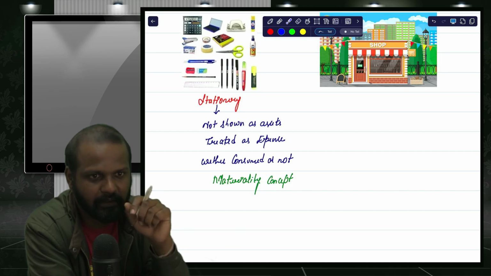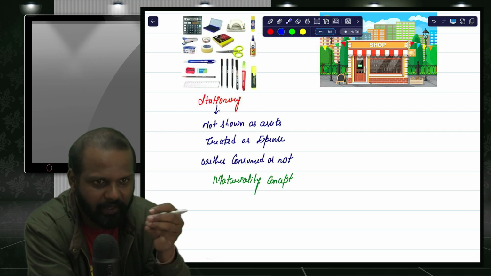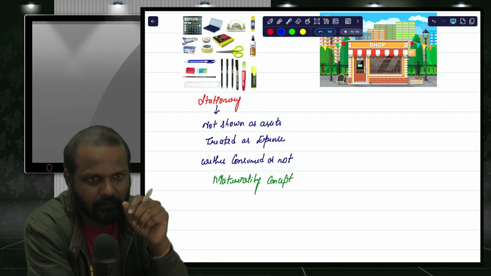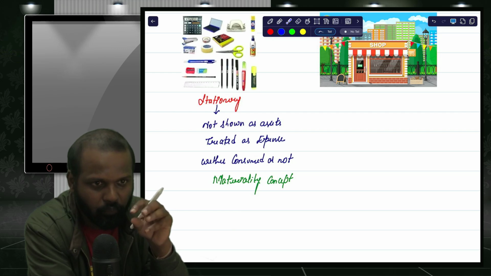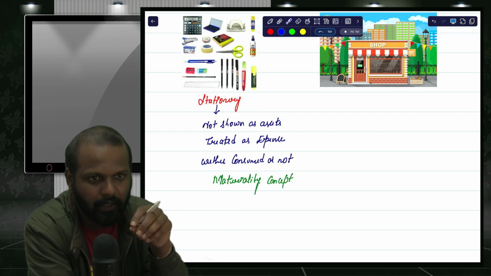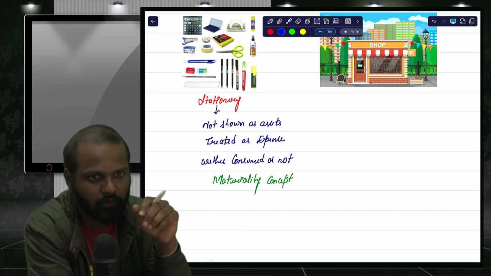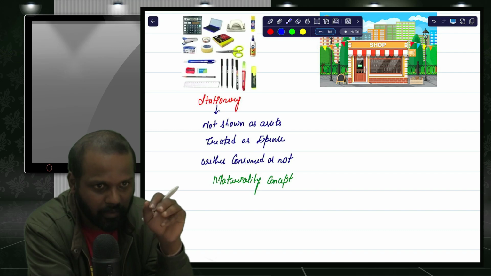For example, an eraser. Very rarely we use an eraser in our office, but we have purchased it by paying 5 rupees. So it's not like the full eraser will be consumed in the current year only. That same eraser will be available for next year's use also, next to next year also.